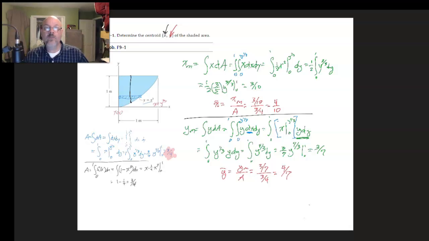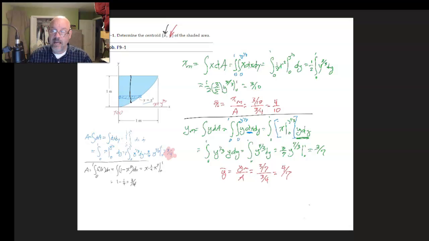So let's take a look at this thing from a big picture perspective. When it says determine the centroid, that's the same thing as saying the average value. The way we do that is we do this moment trick divided by the total. So always find your total first. In this case, that's the area of the thing. You can do it by hook or by crook, so use this powerful Calc 3 model or fall back to Calc 1.